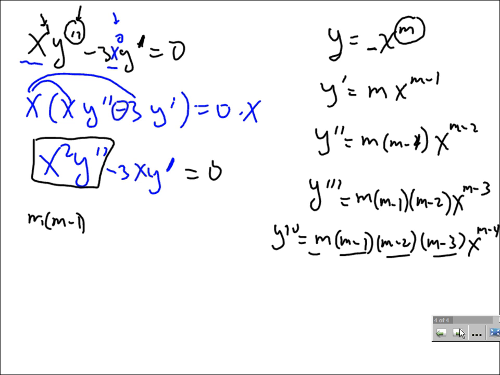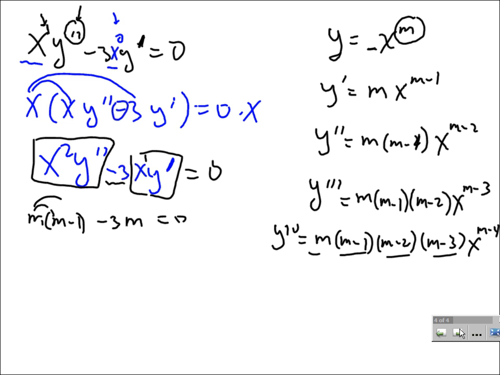The first number is always m. Minus 3 times this. Since it's Cauchy-Euler, that is the power of x, and the prime matches, since it's just y prime, I write down one number, and it equals 0.